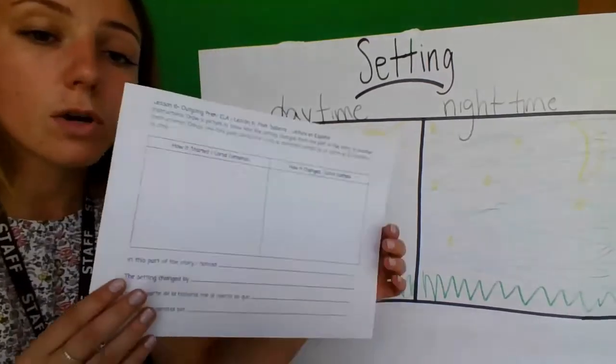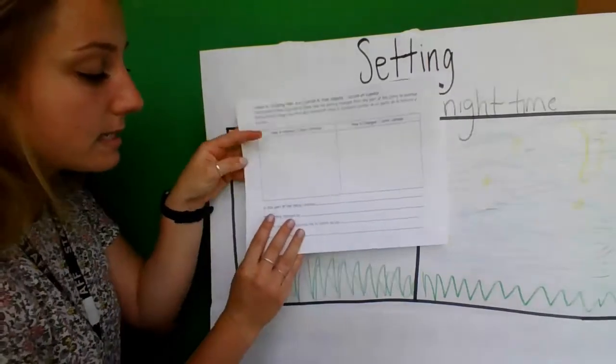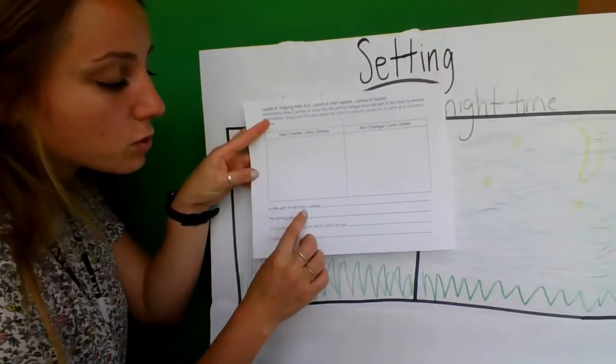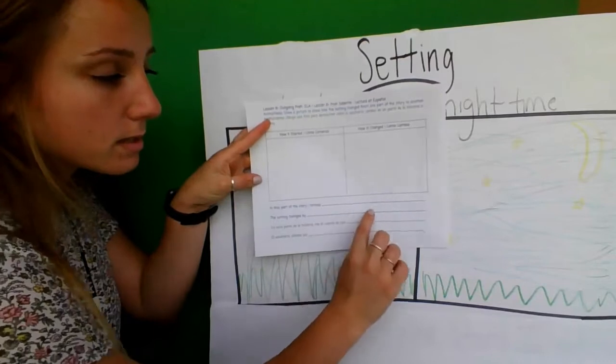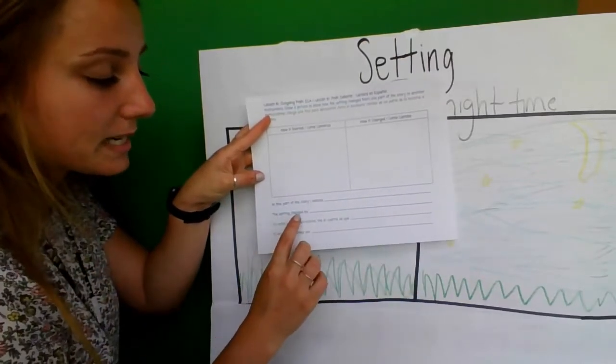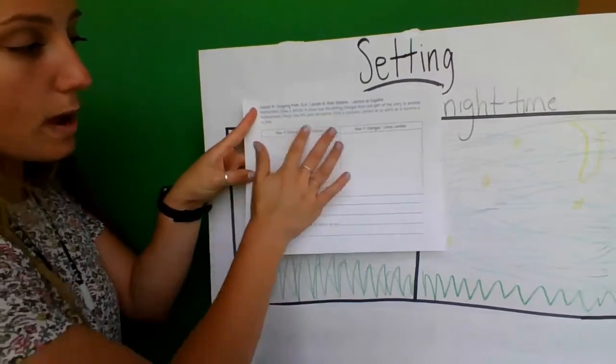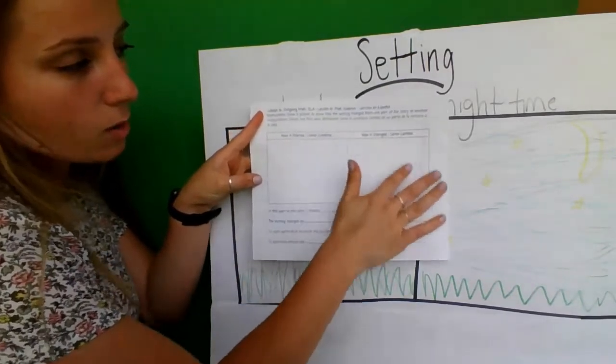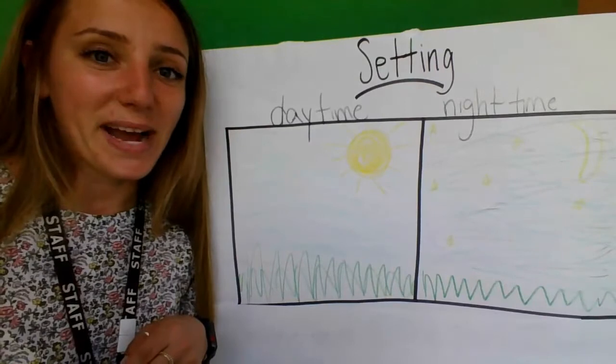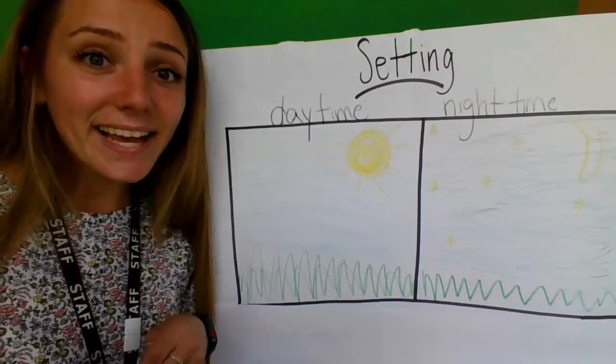And then you are also going to fill in the sentence starter at the bottom. So it says, in this part of the story, I noticed, and then the setting changed by, and how it changed. So how it started, how it changed. Ready, set, go!